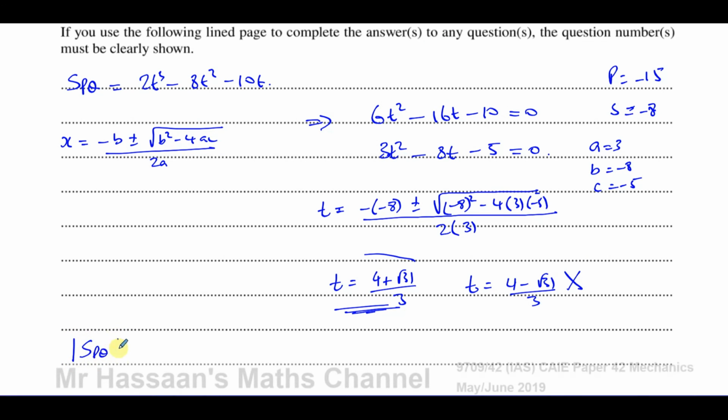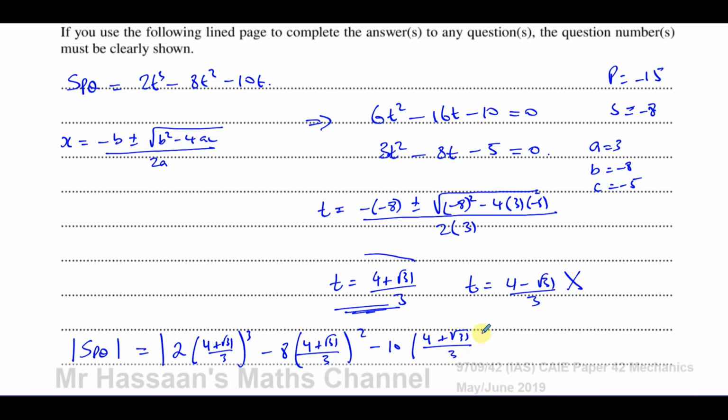So you have 2 times, now we've got t as this value over here, 2 times (4 plus root 31 over 3) cubed, minus 8 times (4 plus root 31 over 3) squared, minus 10 times (4 plus root 31 over 3). Okay, and that will give us our answer. So our answer is going to be the magnitude of that.